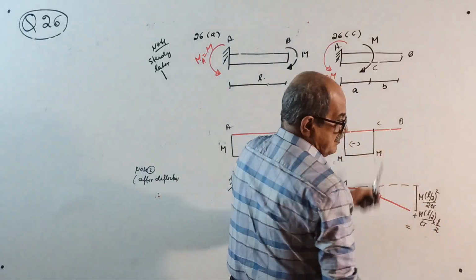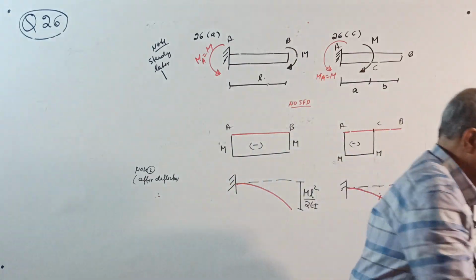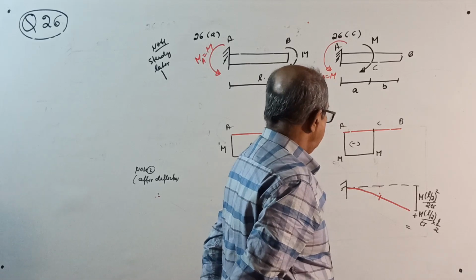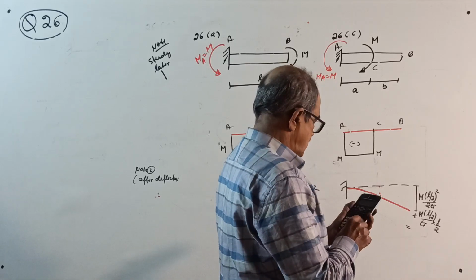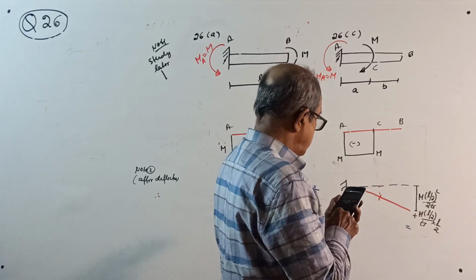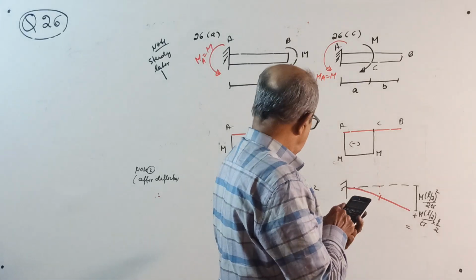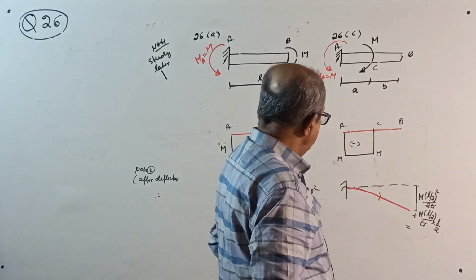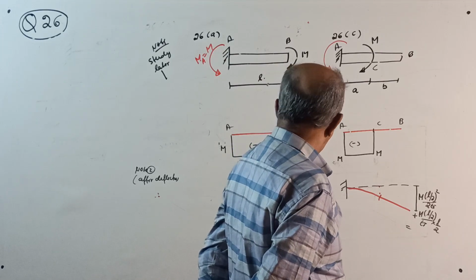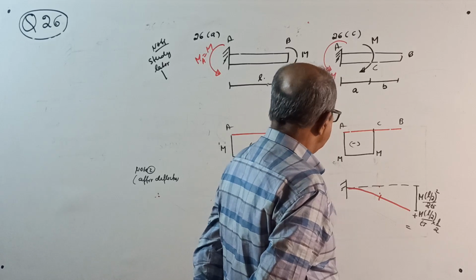Why, you don't bother now. It will be M into (L by 2) square by 2, plus M into L by 2 by EI into L by 2, correct? No, I'll check it now. ML square by 2EI is correct.